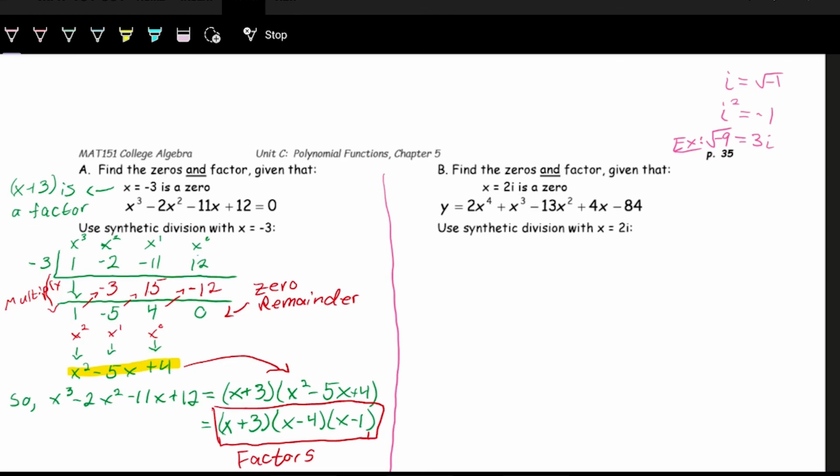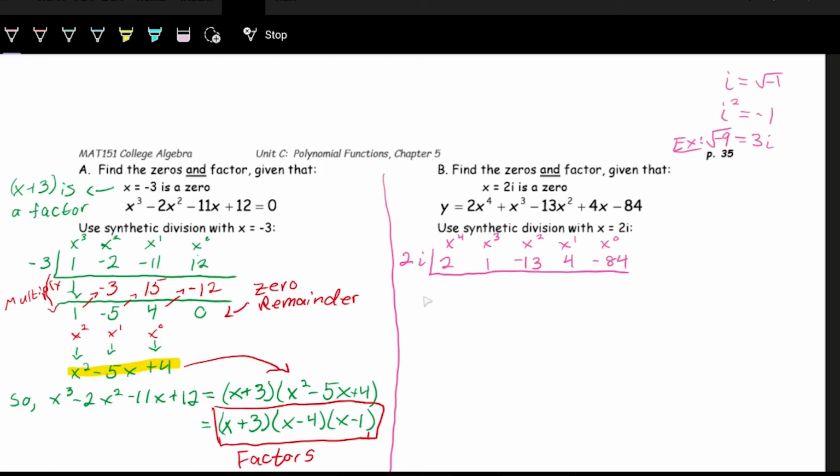So if we have x equals 2i is a zero, we could set it up as the synthetic division with 2i, and then this is the x to the 4th term, x cubed, x squared, x to the 1, and x to the 0. So these are all 2, 1, -13, 4, and -84.